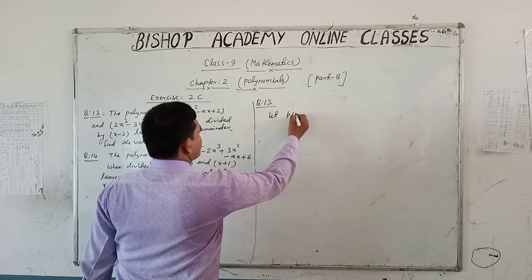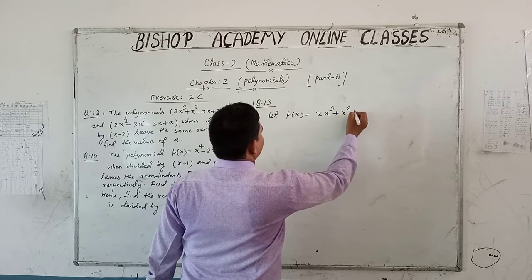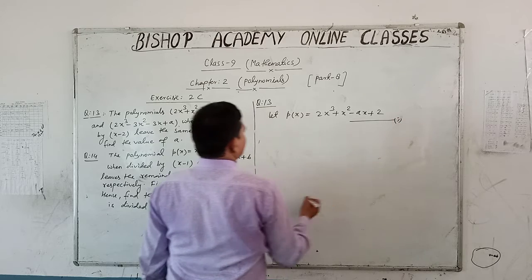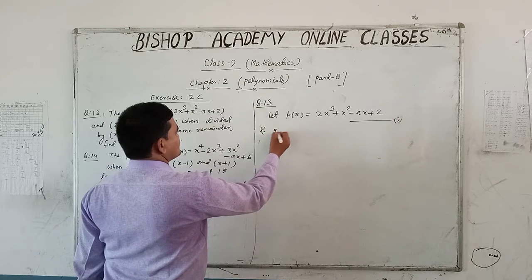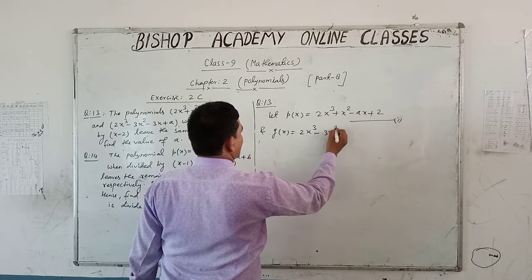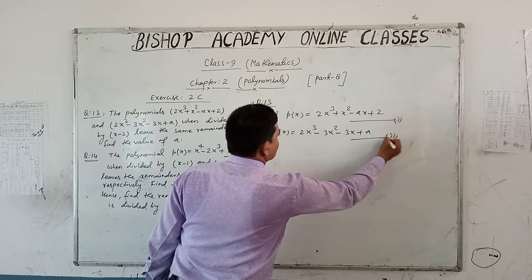Let p(x) is equal to 2x cube plus x square minus ax plus 2. This is equation number first. And g(x) equal to 2x cube minus 3x square minus 3x plus a. Equation number second.